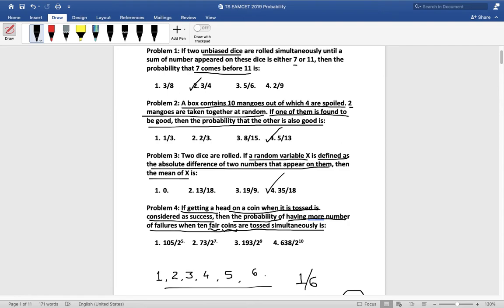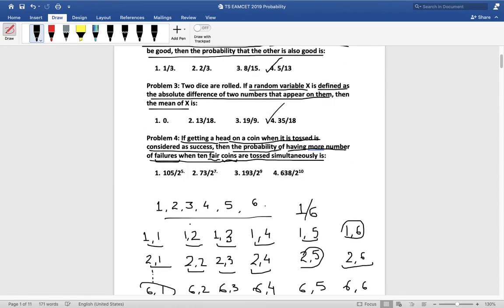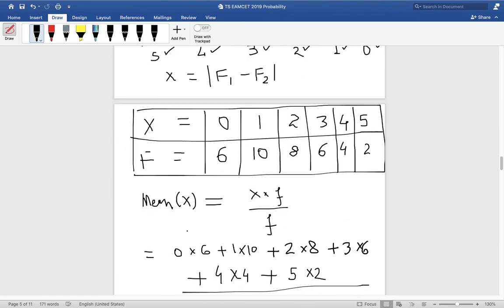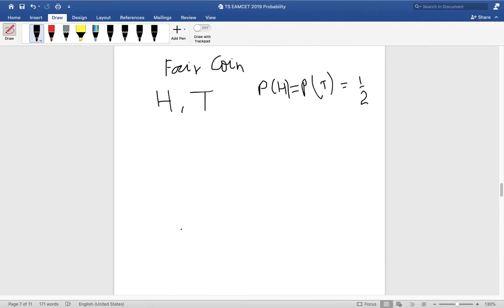But here we are given fair coins. The probability of head is equal to the probability of tail, which is equal to 50% or half or 0.5. So he's saying when you toss a head, it is considered as success. When you toss a tail, it's called failure. Now when you have tossed 10 fair coins, you want more failures than successes. More failures would mean more tails. So when you have 10 coins, you can get 10 tails, 0 heads.